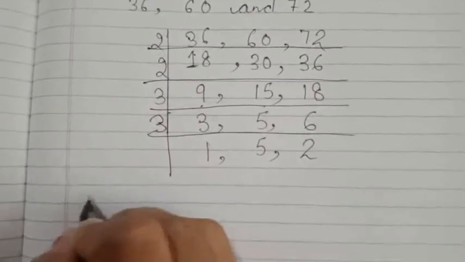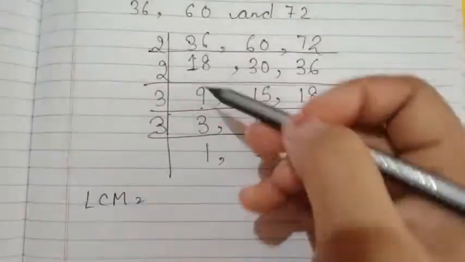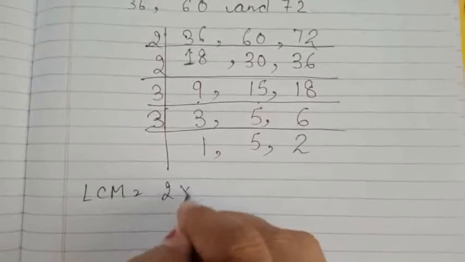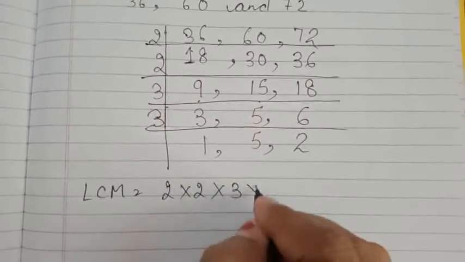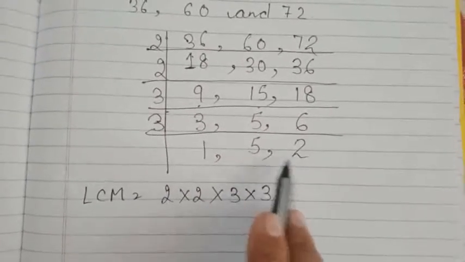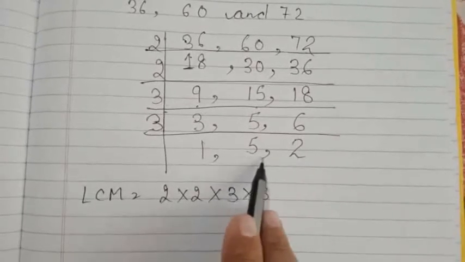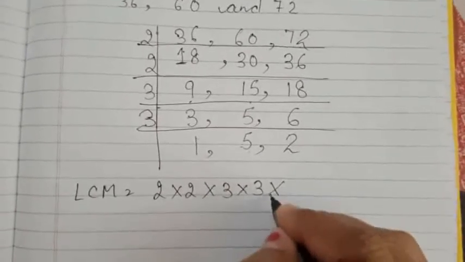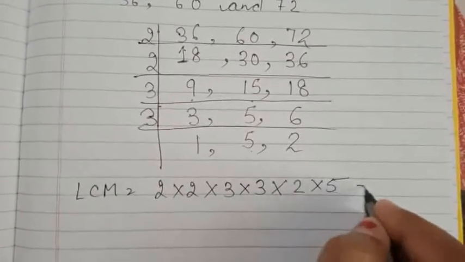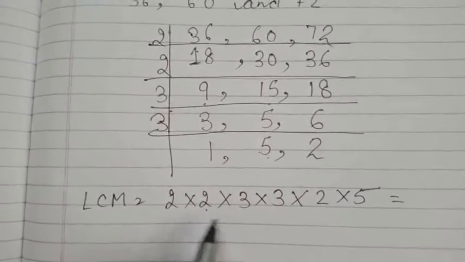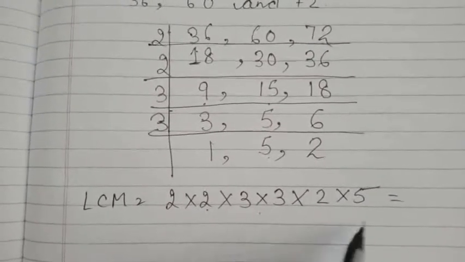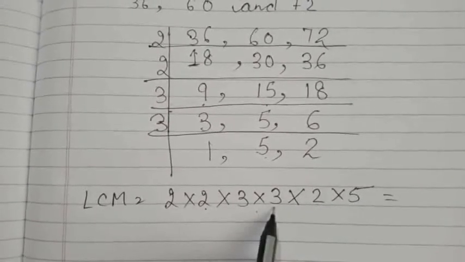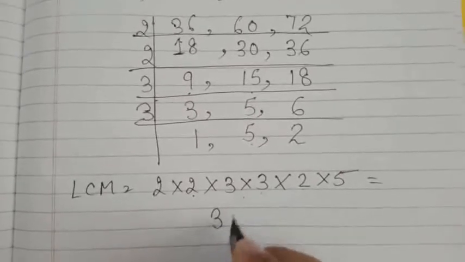What we will do is, the LCM of these numbers will be all these numbers multiplied: 2 multiplied by 2 multiplied by 3 multiplied by 3, and the numbers which are left. Which numbers are left now? 5 and 2. The numbers which are downside, those also we will multiply. 2 multiplied by 5. So 2 twos are 4, 4 threes are 12, 12 fives are 60, 60 twos are 120, 120 threes are 360.